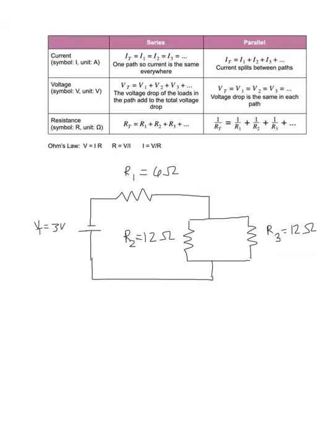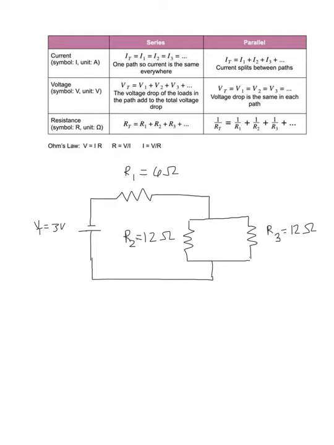So now if we have a circuit where we have mixed series, so we have something that looks like it would be beside that one resistor here, but instead of just being beside one resistor, we now have two resistors in parallel. We're going to have to combine what we know of parallel and series circuits. So we'll start off with just finding the equivalent resistance.